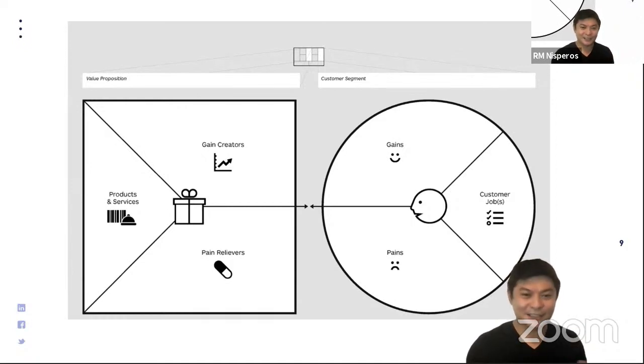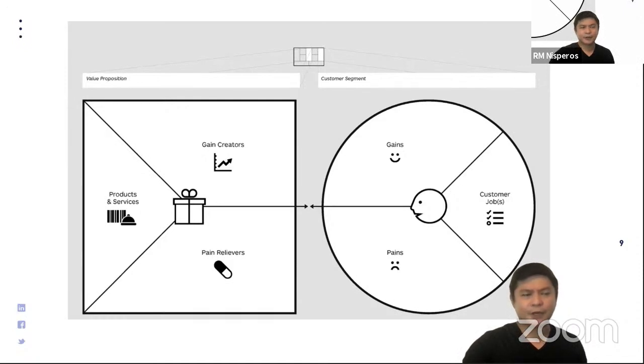Wala ka na magagawa kasi bumili ka lang somewhere and you'll be reselling that without changing anything. So you need to have good marketing messages to build relationships, to build positive perception, and basically have higher chances na bibili sila sa'yo.